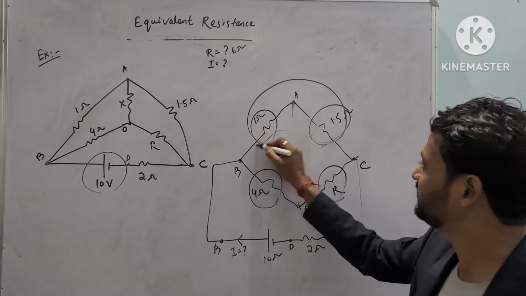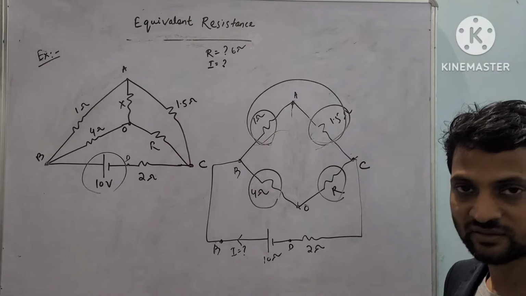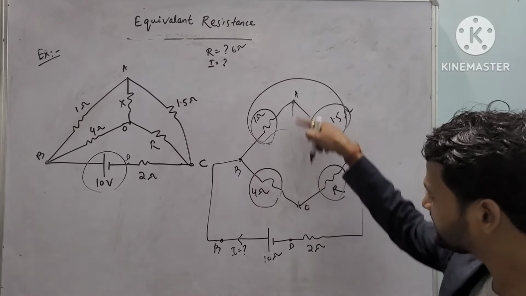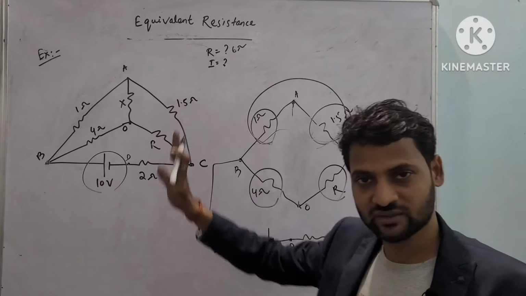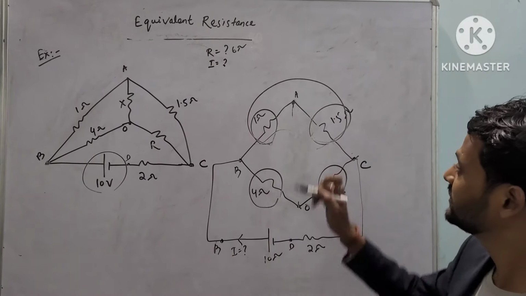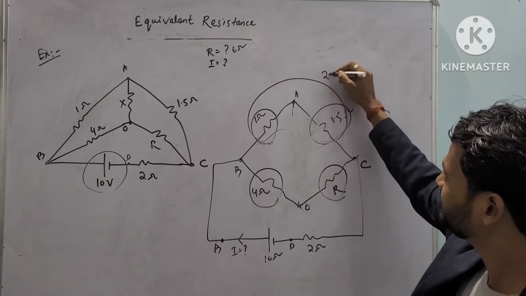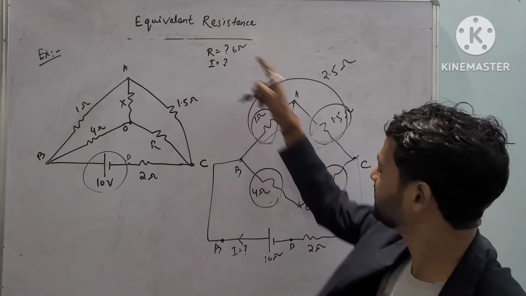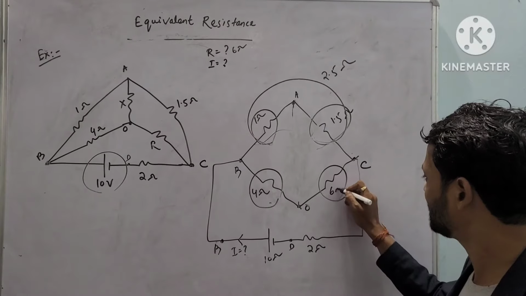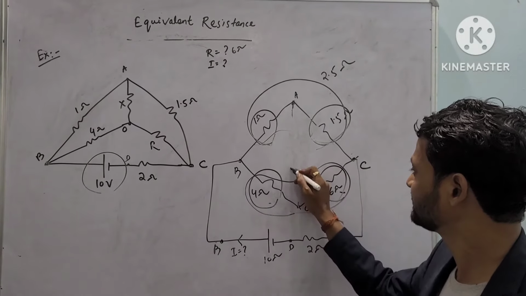Now 1 and 1.5 ohm are both in series, because the resistance X has no meaning since current through it is 0, so I have omitted it. So 1 and 1.5 will be 2.5 ohm. 4 and R, which is 6 ohm, so 4 and 6 is 10.